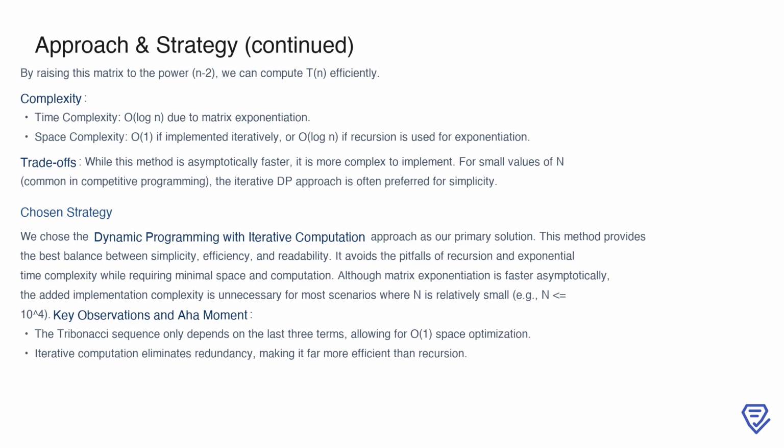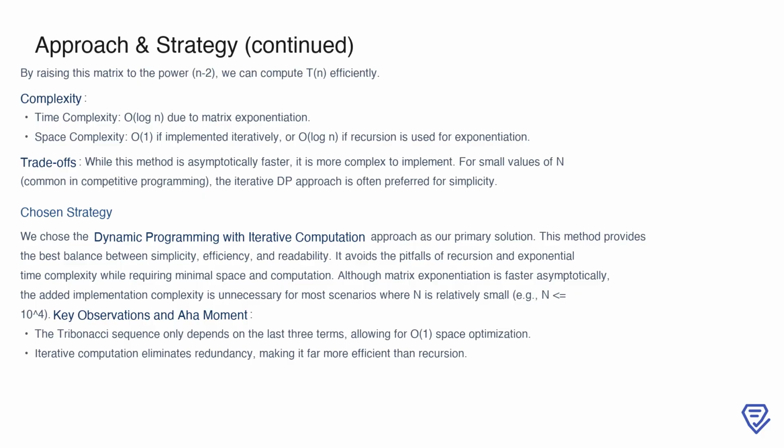This method strikes the best balance between simplicity, efficiency, and practicality. With a time complexity of O(n) and a space complexity of O(1), when using three variables, it is well suited for computing Tribonacci numbers up to n equals 37. While matrix exponentiation offers a faster time complexity in theory, it introduces unnecessary complexity for this scale of problem.